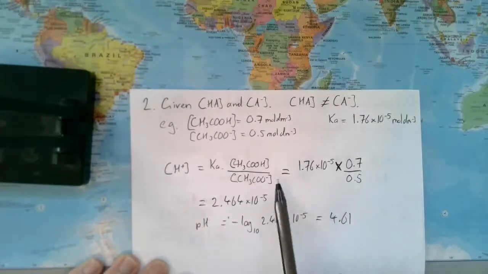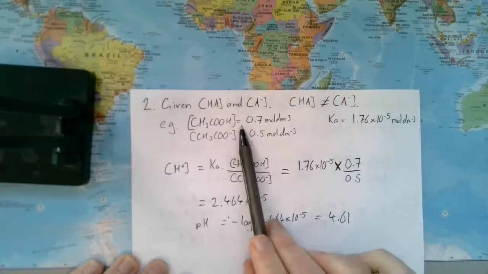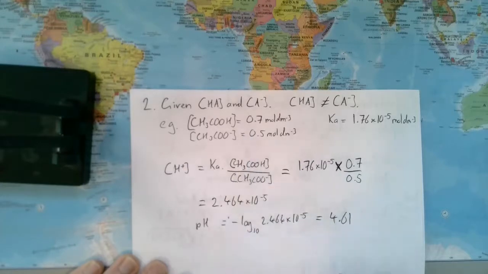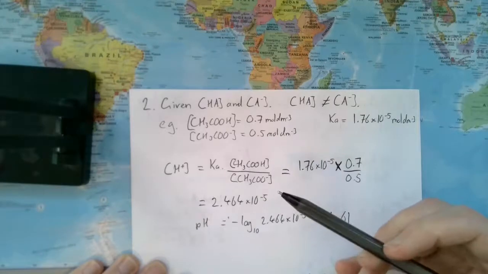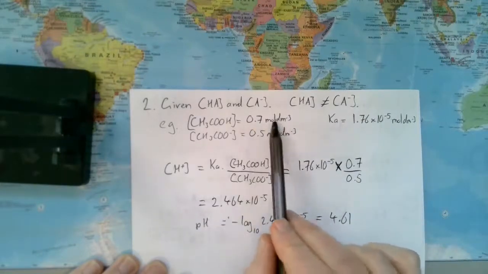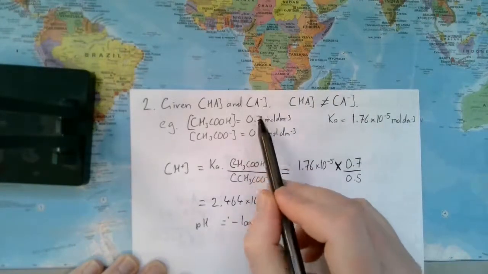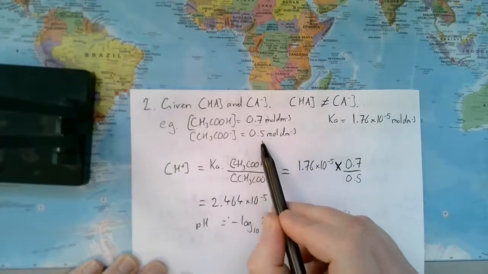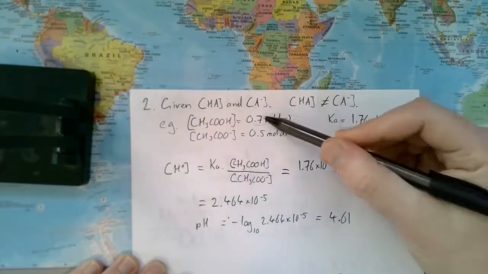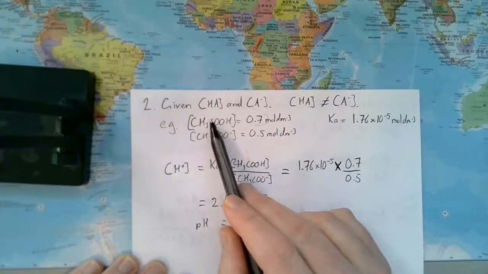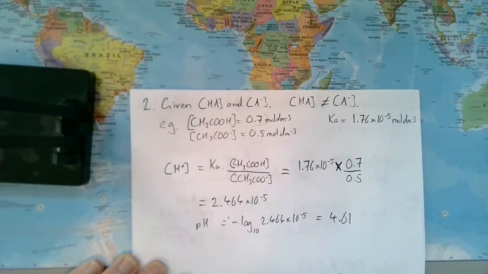Now, it's worth considering here that you can use common sense approaches to check you've gone right. We have increased the amount of the weak acid compared to the amount of the conjugate base. So the very first example, we had 0.5 to 0.5. Now, we've put a little bit more of the weak acid in.